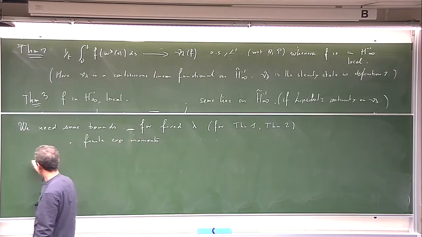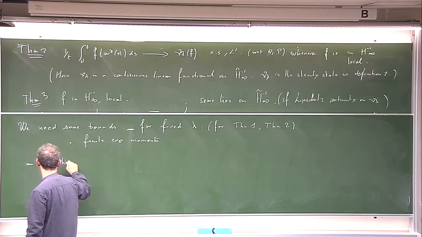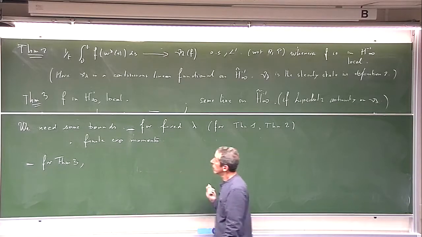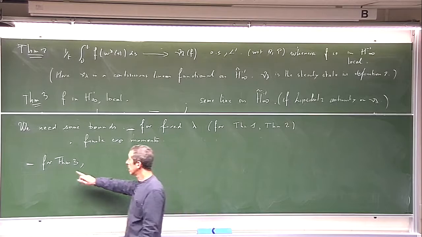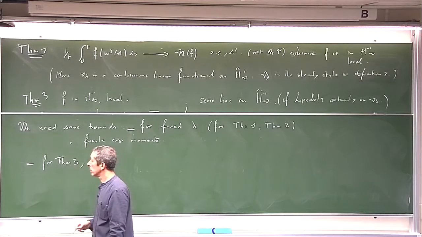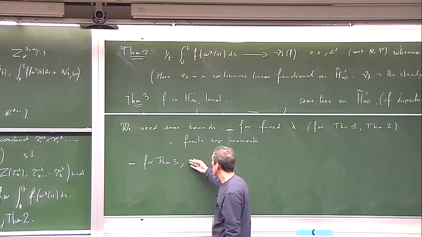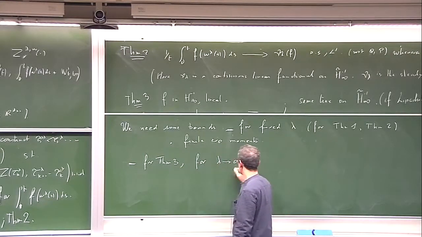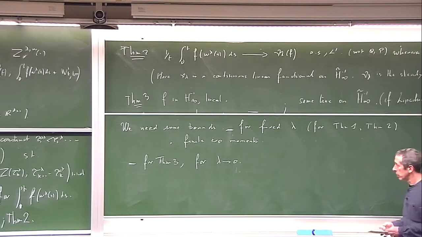And then another thing that we need, and this is for theorem 3. In theorem 3, we let lambda tend to 0, so we need bounds on the regeneration times that take into account the way the regeneration times are going to change when lambda goes to 0. So we need bounds for lambda tending to 0. And then we can also prove finite exponential moments.